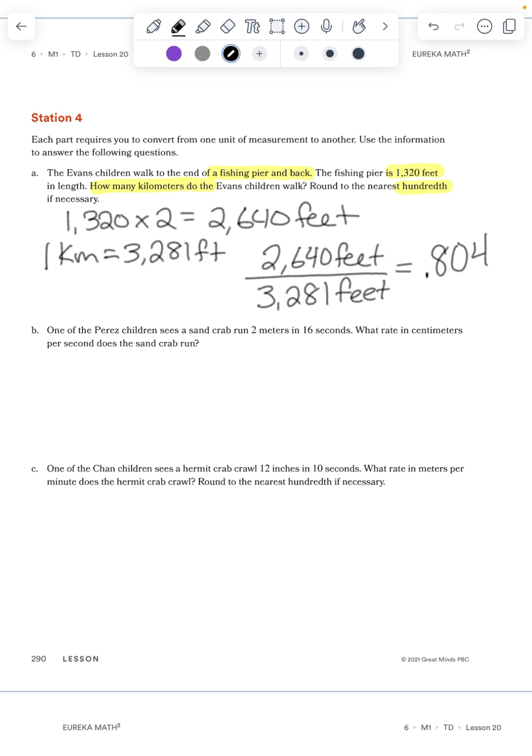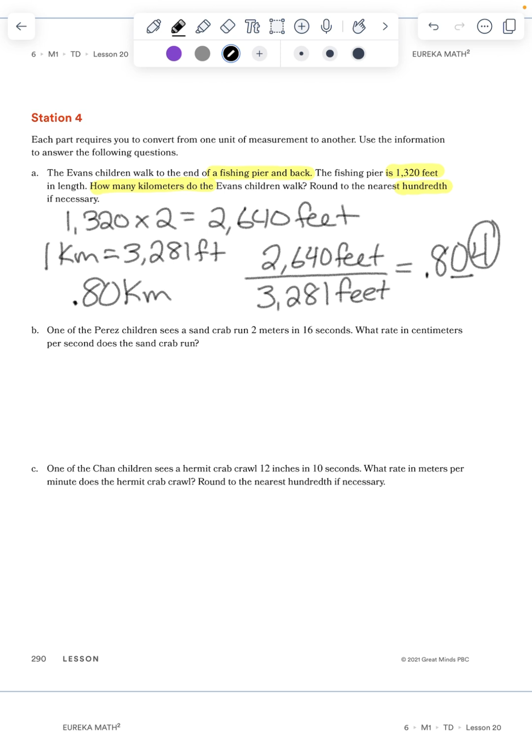And you get some more numbers too, but it's telling us to round to the nearest hundredth. So this is the hundredths column. I circle the one right here. It is not a 5 or greater, so I am going to keep the 0. So this is just going to be 80 hundredths, or you can also write 8 tenths, and this is going to be kilometers that the kids walked.